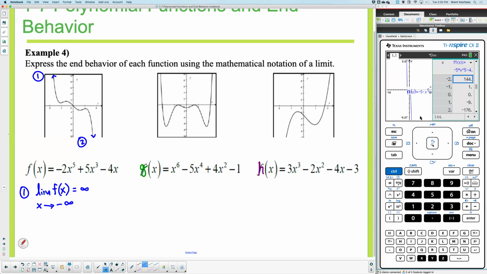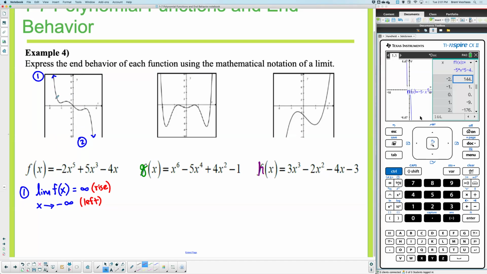So now I'm going to put in English words to describe this. What is happening? We are saying as the x goes to the left, I'm going to put that in parentheses. As the x goes left, this graph rises. As I go left, the graph rises. That's what these symbols mean. As my graph approaches negative infinity on the x, that means as I go left without bound, as I go left forever, the graph, what does it do?